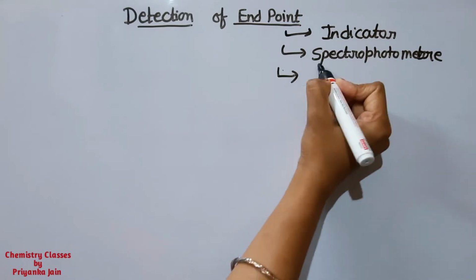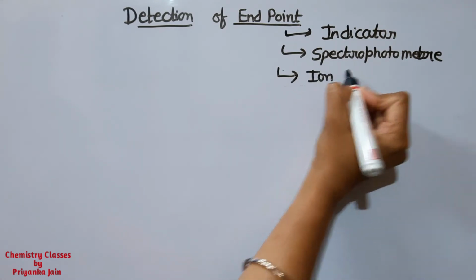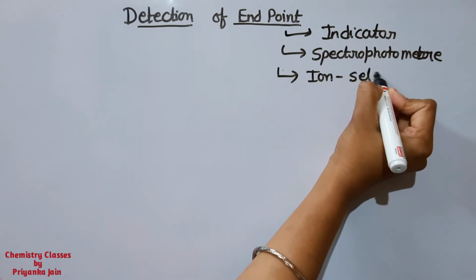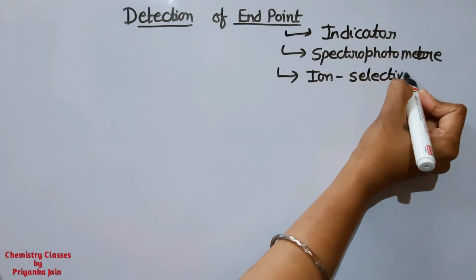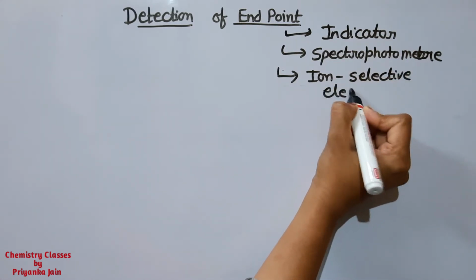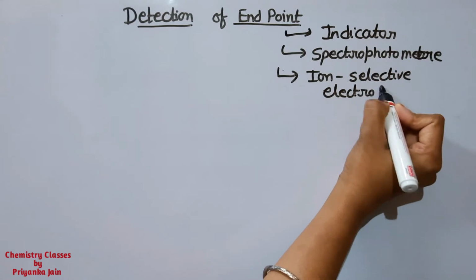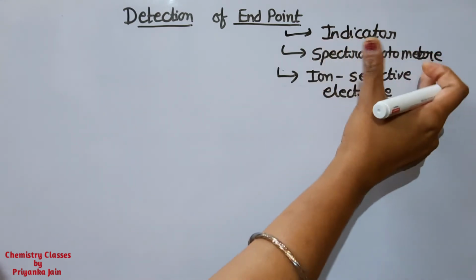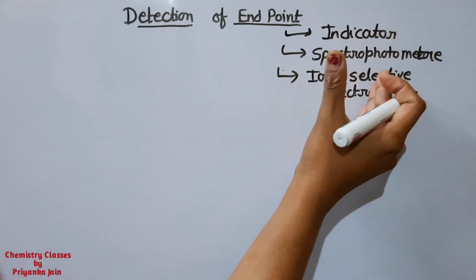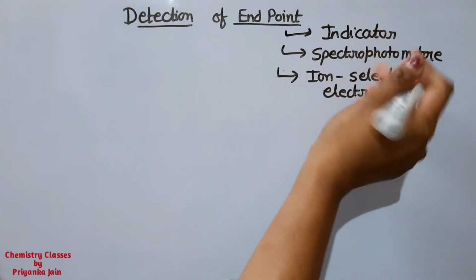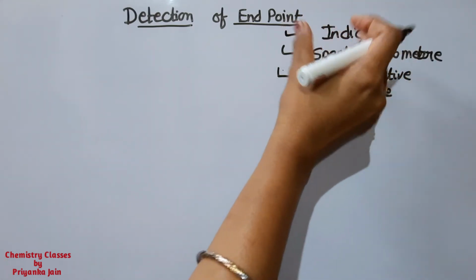And another one is the use of the ion selective electrode. About the spectrophotometric method we will see in the next video. Here we have to see the use of indicator, that is the simplest one.